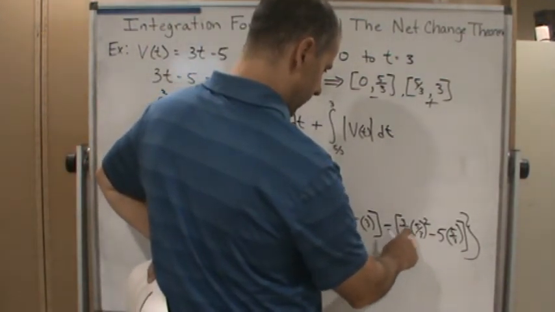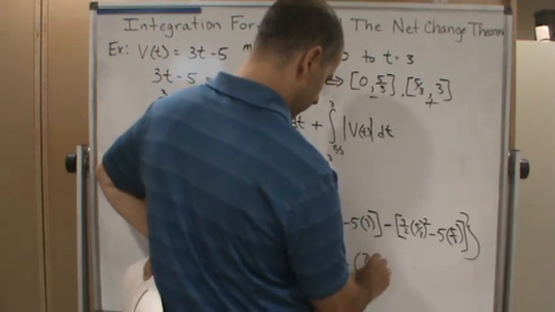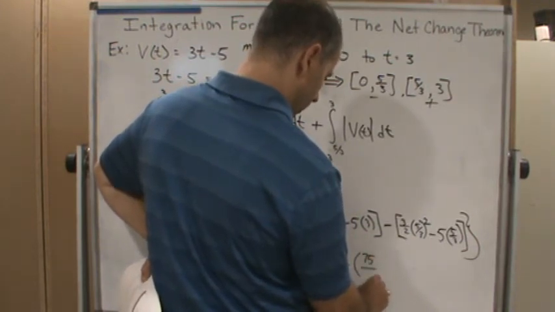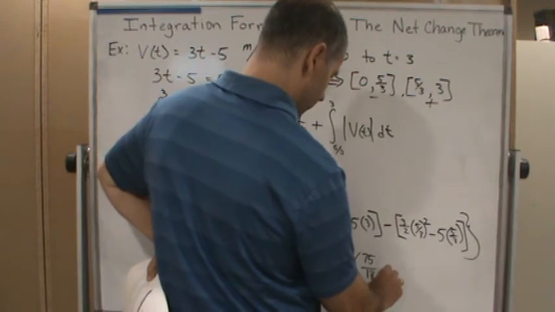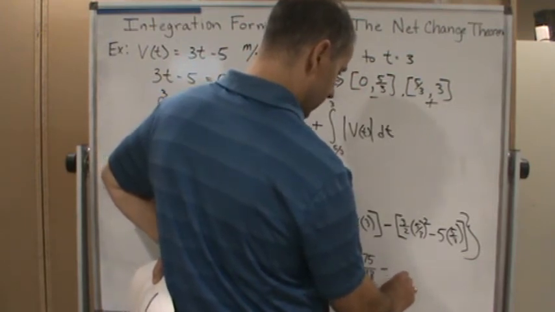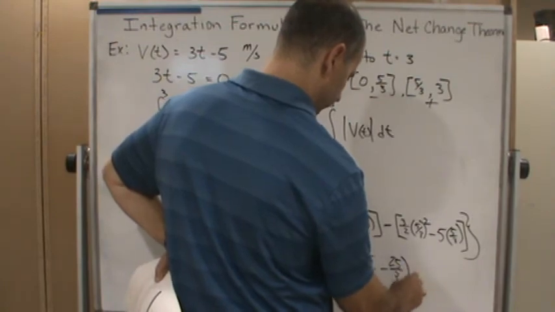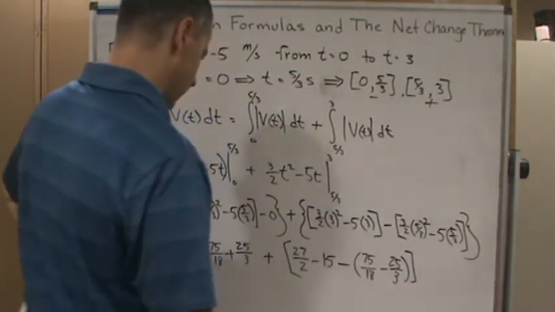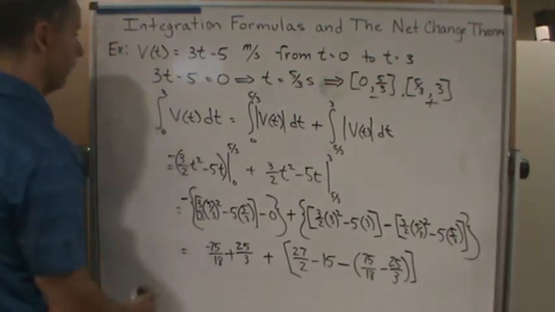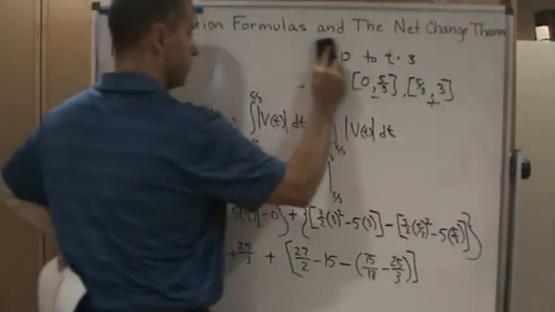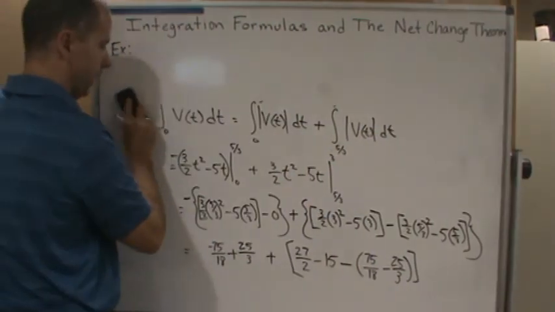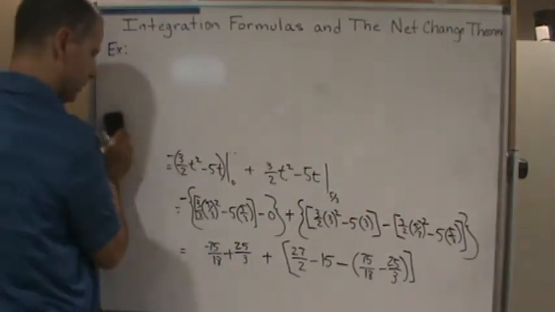This is going to give me 75 over 18 minus 25 over 3. Okay, so far so good, right? Okay, so now let's go back up to here. I can erase this stuff now, I don't need this.